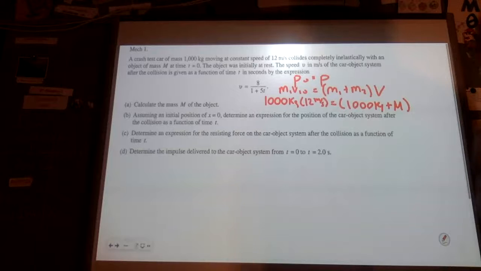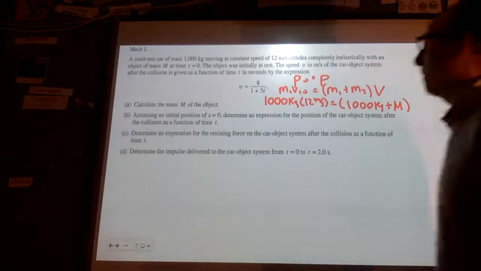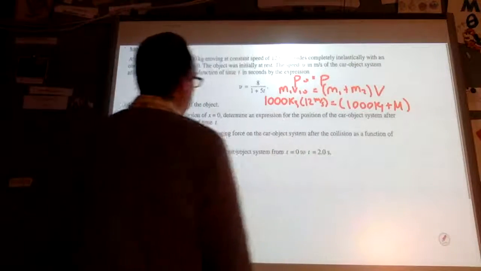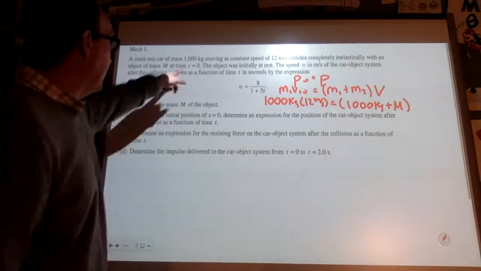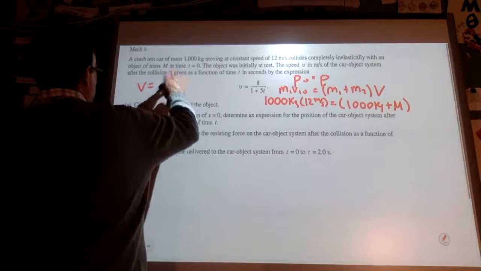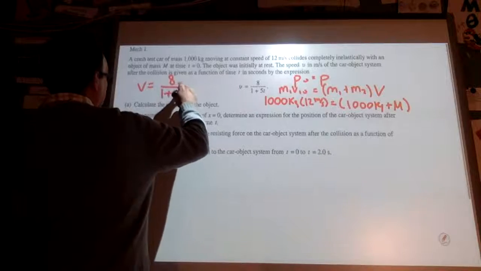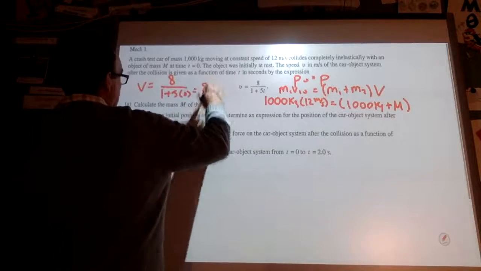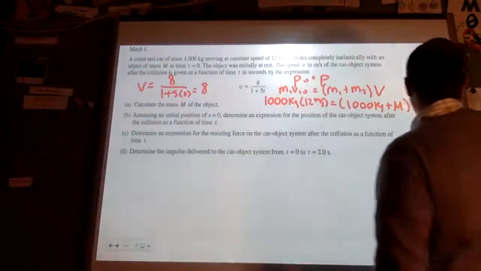But I do know the speed afterwards because they're saying that it collides, and I want to know the speed right at t equals 0. So I'm going to put in 0 into my function. So this will give me the velocity of the two of them together. And it looks like it's going to be 8 meters per second.